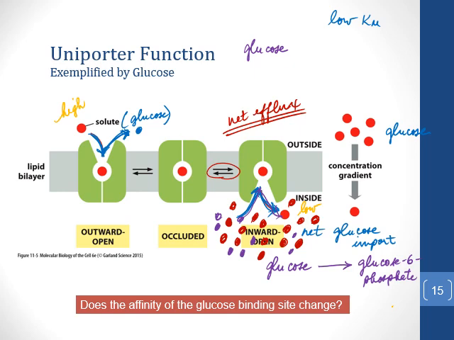So we don't have to have a change in the affinity of the uniporter. In this case, we've got a change in the molecule, and that's going to change the affinity that the molecule has for the transporter.